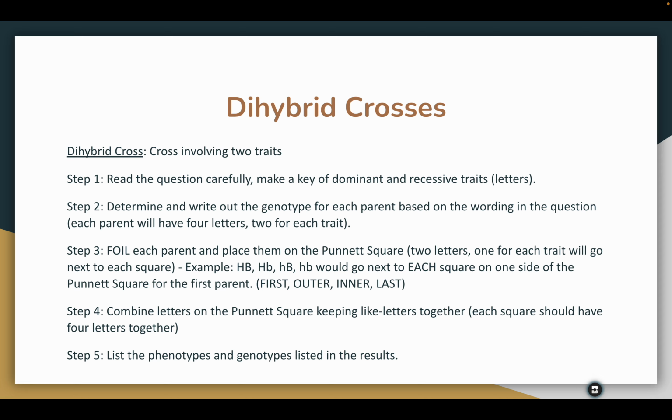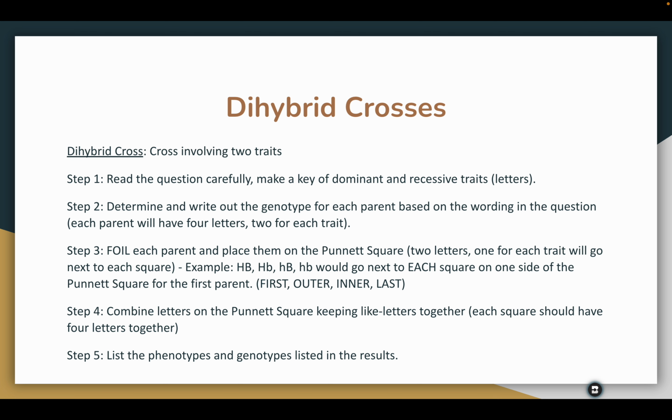So we have capital H, capital B, capital H, lowercase b, lowercase h, big B, and then lowercase h, lowercase b. These go next to each square on one side of the Punnett square for each parent. And when we say FOIL, what we mean is first, outer, inner, and last.